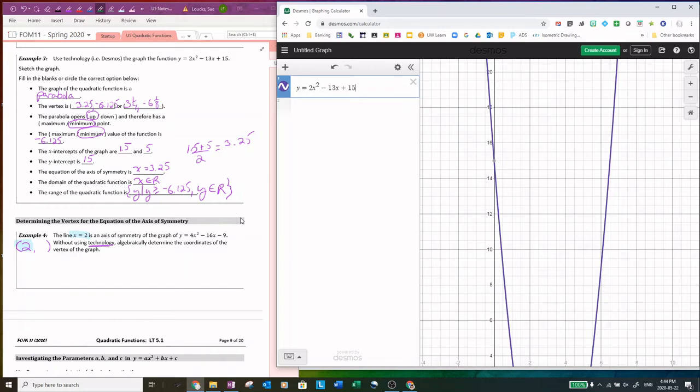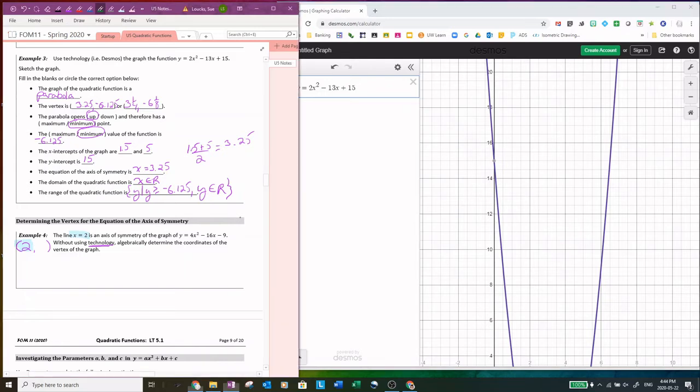Okay, so coming back to this example 4, what I need to do is plug my value of x equals 2 into this equation. So my equation is y equals 4 times 2 squared minus 16 times 2 minus 9. I just want to highlight those 2's so you get that that's why I put the 2's in there.